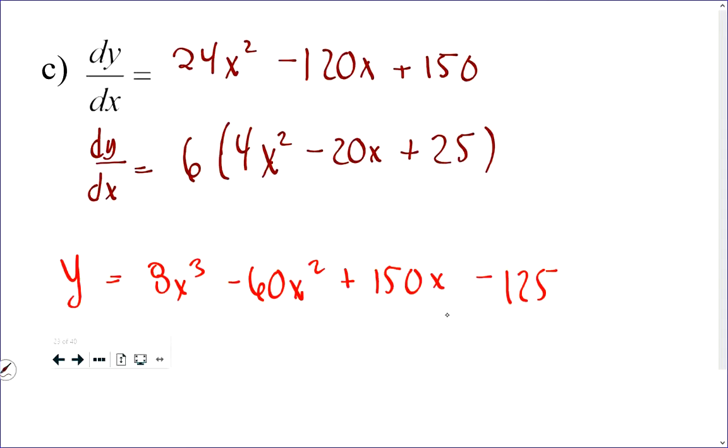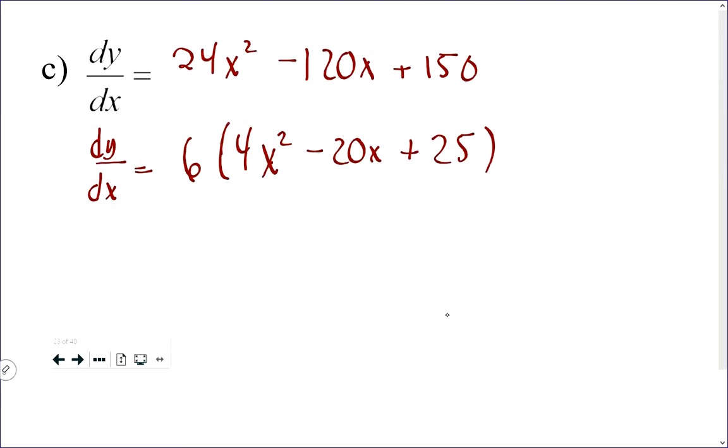Is 4x squared minus 20x plus 25 factorable? I think it is. I think it's 2x minus 5, 2x minus 5.